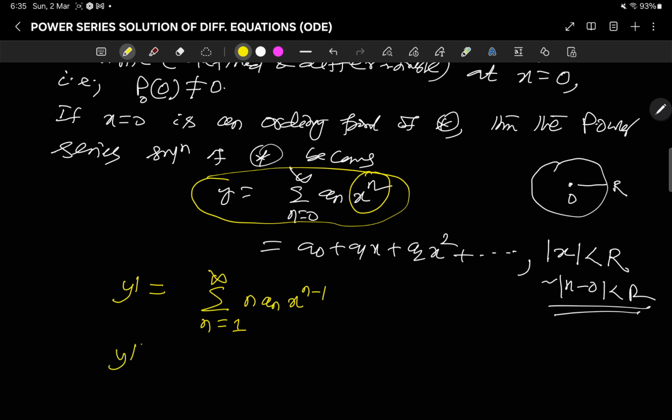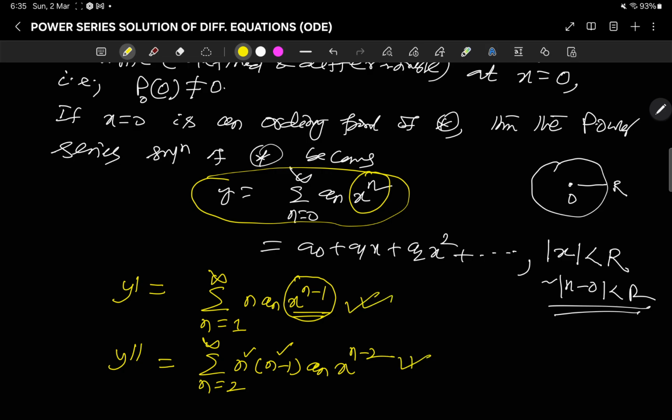Then y double dash will be n into n minus 1 into x to the power n minus 2. If you put n equals 0 or n equals 1 it will be 0, so n goes from 2 to infinity; however, if I write 0, no issue. In that way, we find these values, substitute them in the given differential equation, find the coefficients, and see how many arbitrary constants need to be in the solution. It should be equal to the order of the equation.